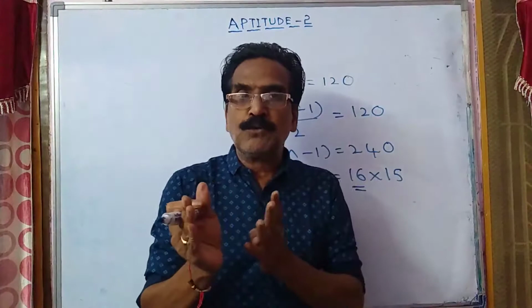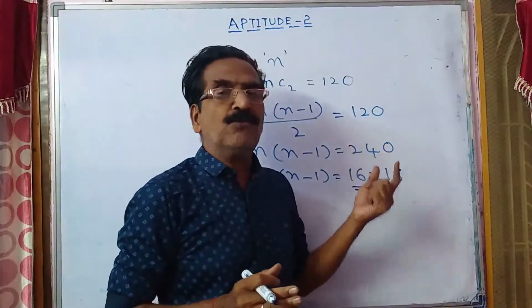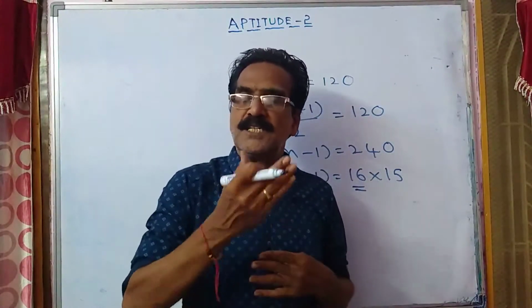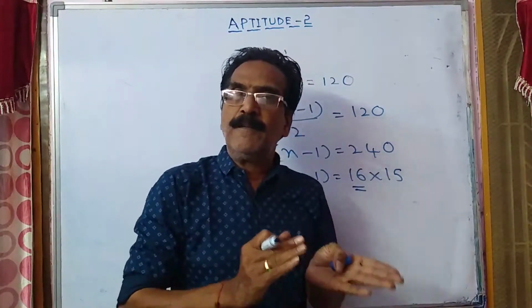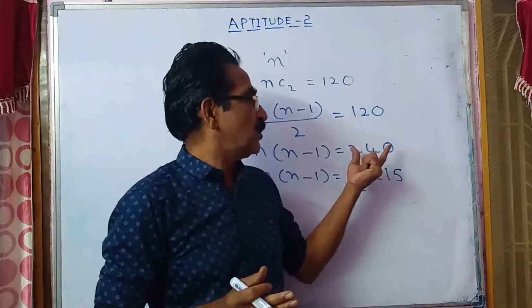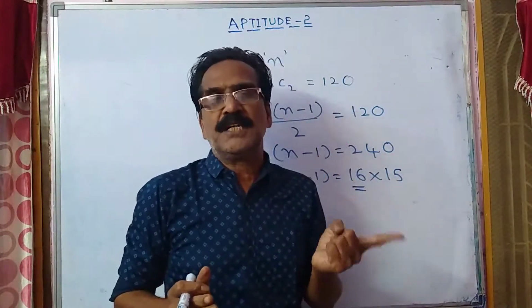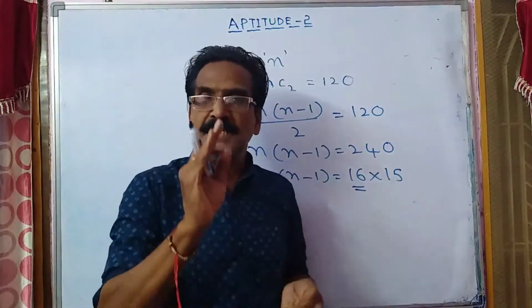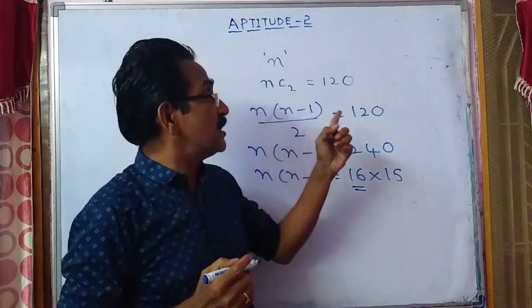So what are those 2 consecutive numbers? 15 square is 225 and 16 square is 256, so 240 lies between 225 and 256. So this 240 must be the product of 15 into 16, or 16 into 15. So your answer is n: the total number of teams that participated was 16.